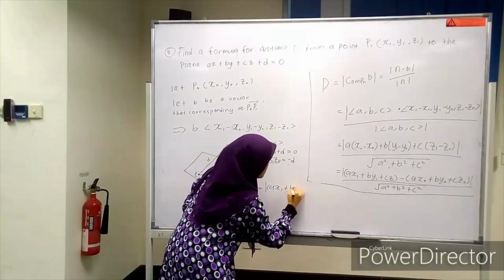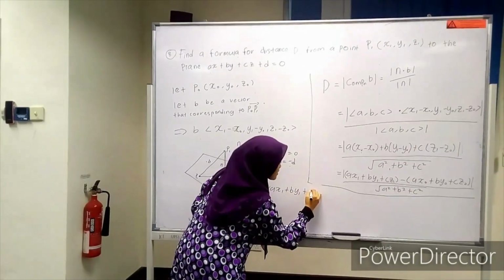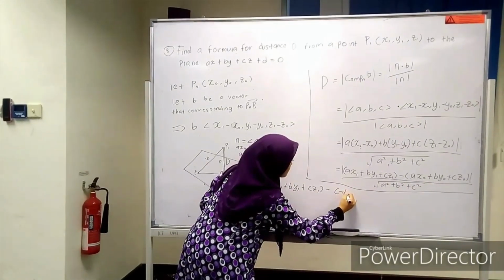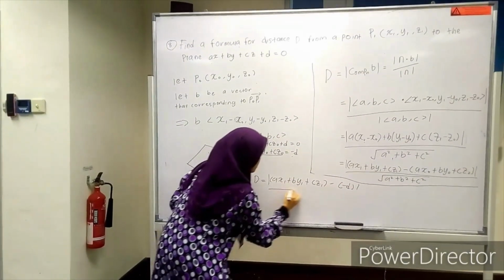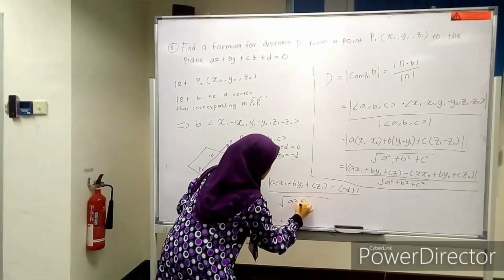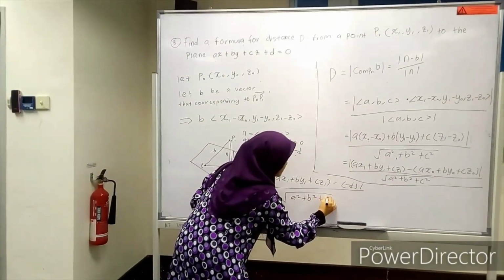So we can get the formula ax1 plus by1 plus cz1 minus negative d divided by the square root of a squared plus b squared plus c squared.